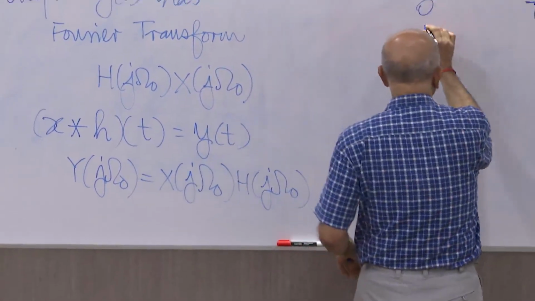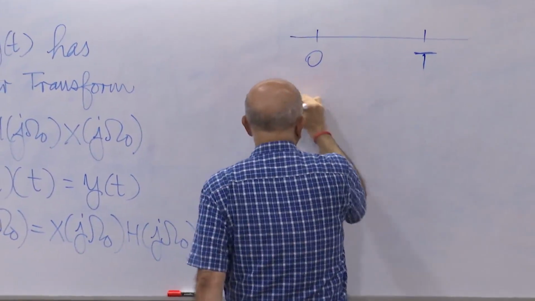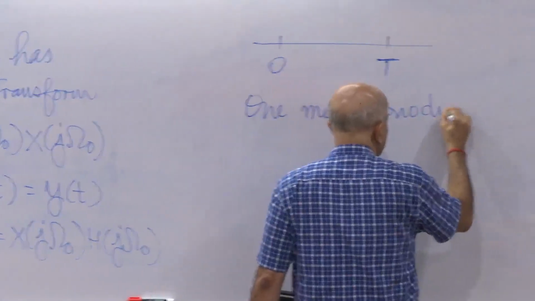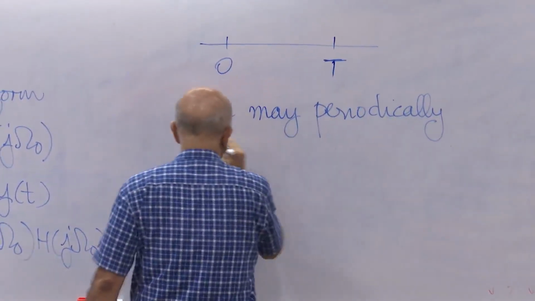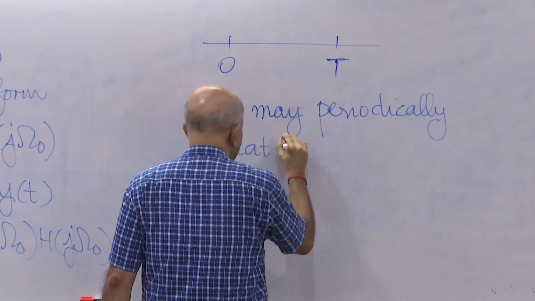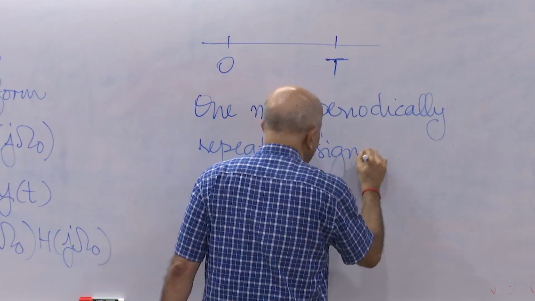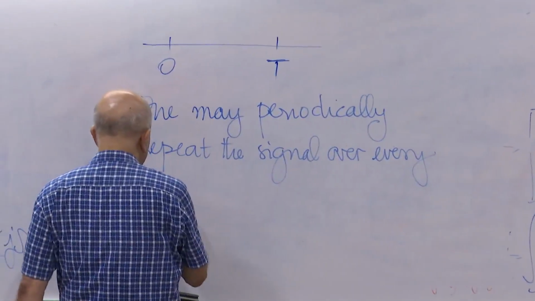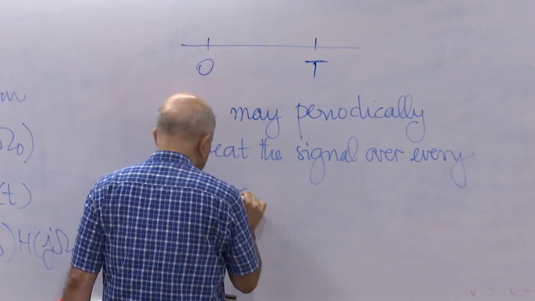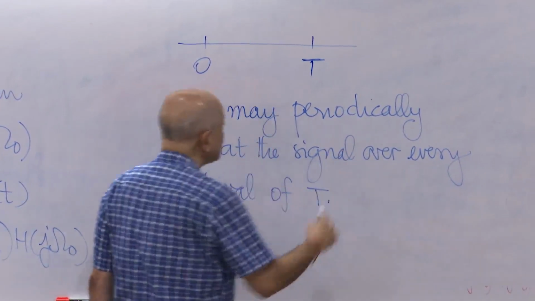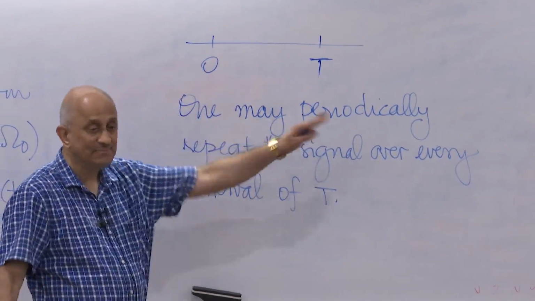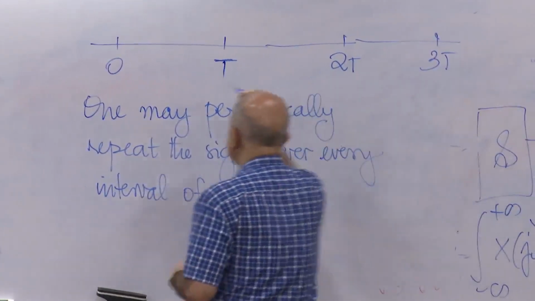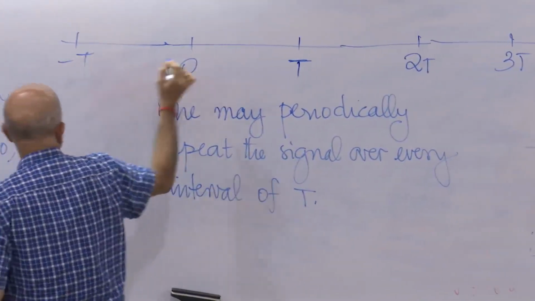So since we are interested only between 0 and T, one may periodically repeat the signal over every successive interval of T. So what you are doing from 0 to T can be repeated from T to 2T, from 2T to 3T, and so on, and from minus T to T, and so on and so forth, right?